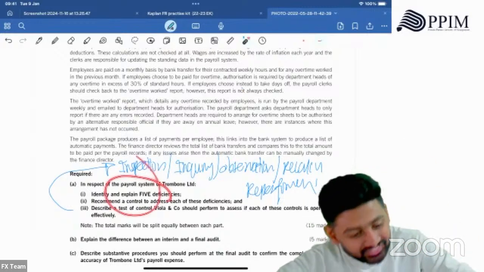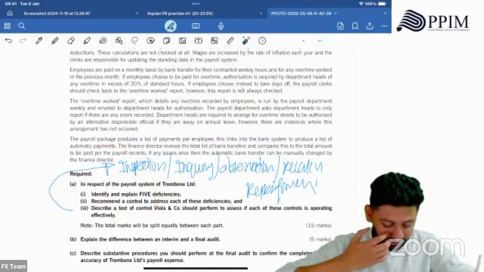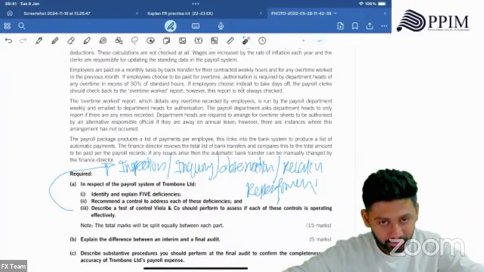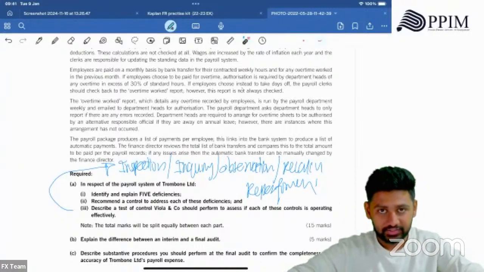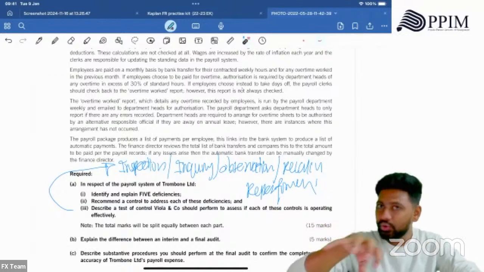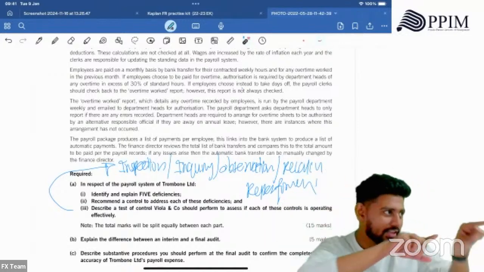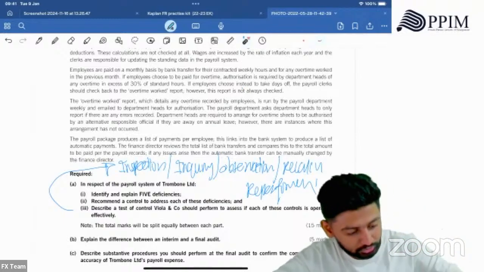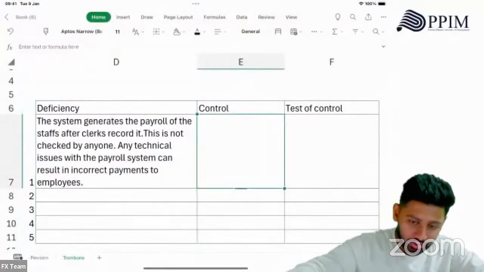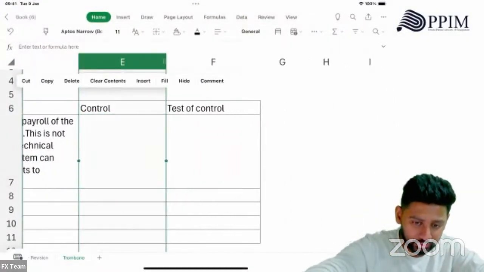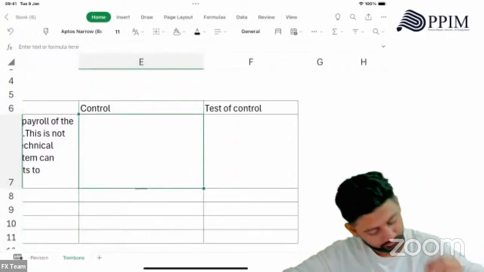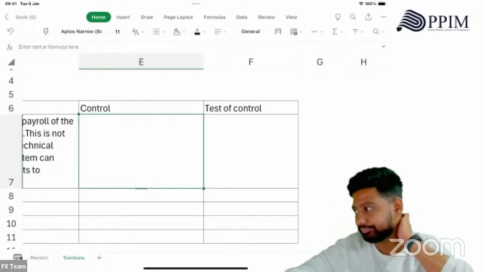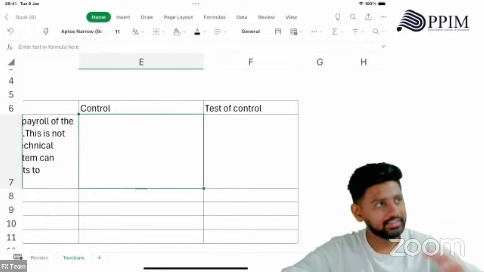Recommend a control. Now, you're going to tell the examiner, hey, look, this is the control I can bring in to make sure this problem will not happen in the future. Now, tell me a control. Think of a control. What can be an ideal control? A control can be, the system is generating.